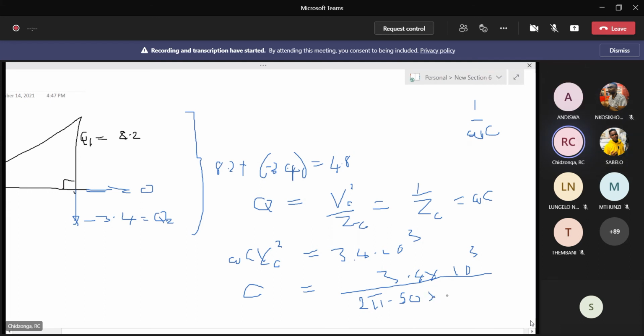They are in parallel with the source. So this is 400 squared. And then you calculate that, and then give me the value of the capacitance in microfarad or whatever, right?